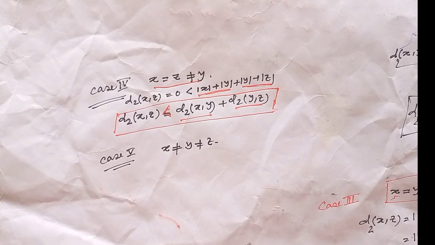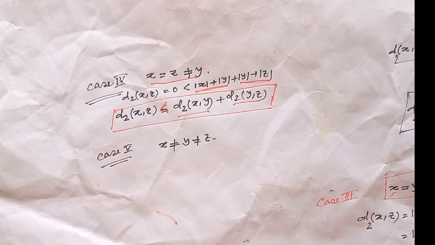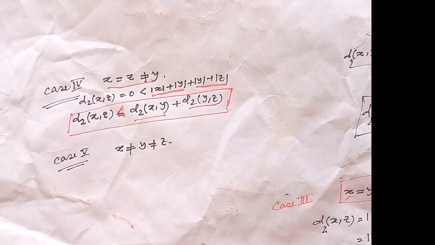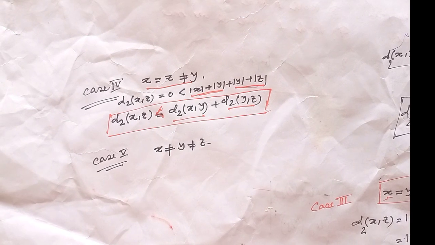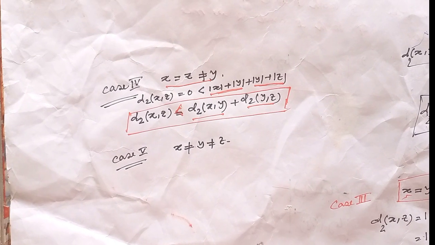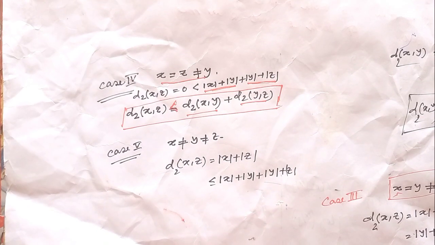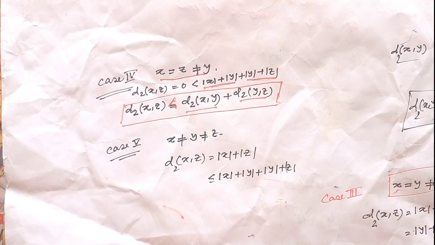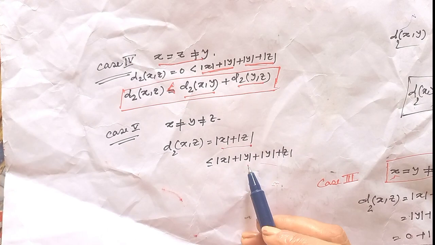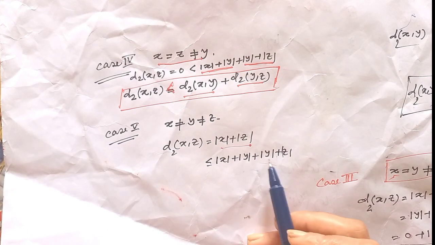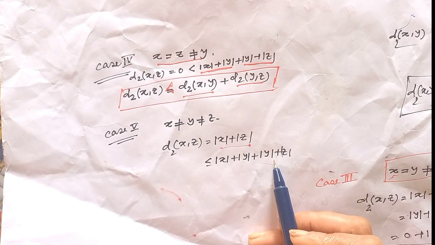Fourth, consider x, y, z all different. Obviously d2(x,z) means |x| + |z|, and this is obviously less than or equal to the sum if we add |y| + |y|.